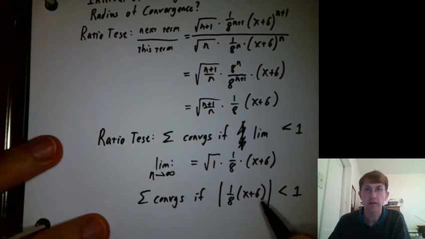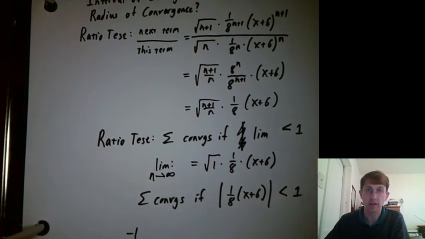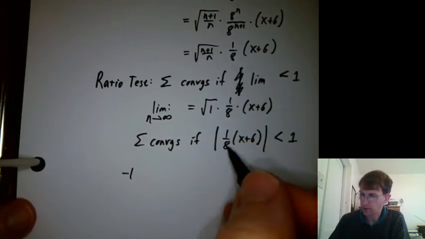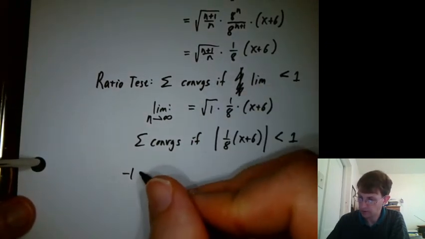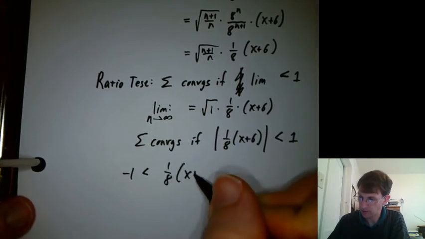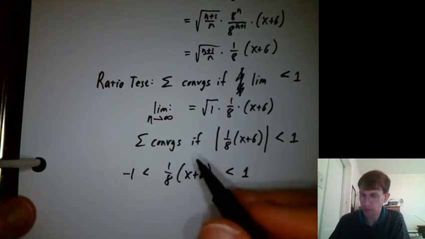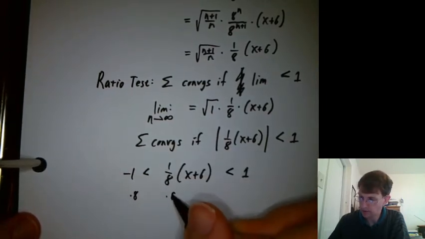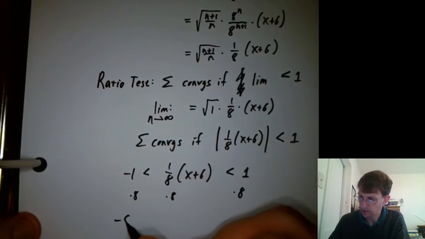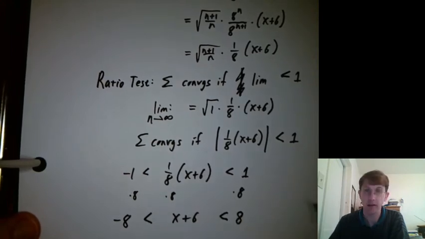So what range of x's satisfies this? Let's write it this way. If something's absolute value is less than 1, that means that it's between -1 and +1. Let's multiply each part by 8. And we get -8 less than x plus 6 less than 8.